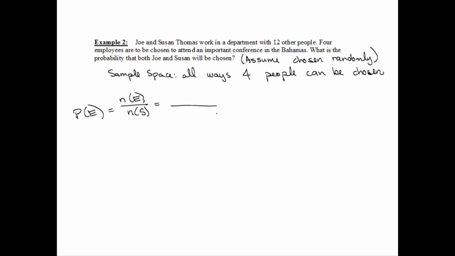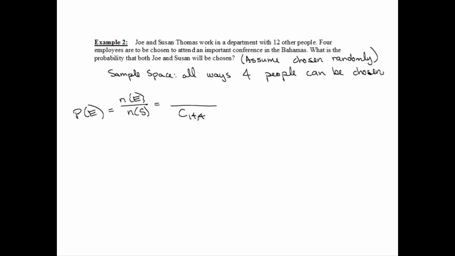First, let's look at the number of ways that 4 people can be chosen. That'll be our sample space. How many people work in the department altogether? Well, there's Joe and Susan, and then there are 12 other people. So that means there's 14 employees altogether. We're going to choose 4 of those 14 to go to the conference.